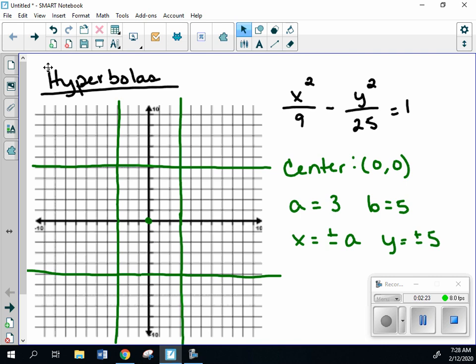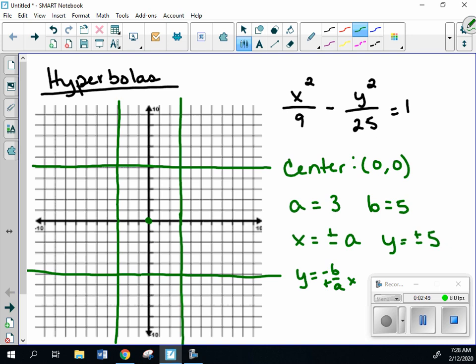Now, notice it says that the asymptote lines on your formula sheet are at, in this case, plus or minus b over a x. Well, realistically, that asymptote is going from corner to corner.